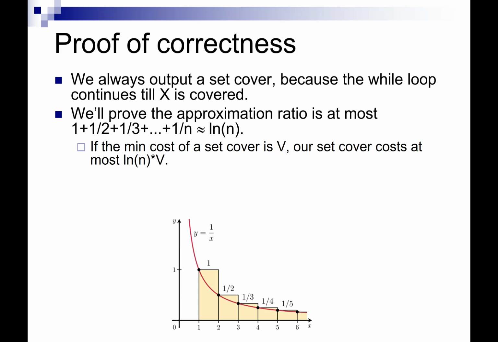This comes about because natural log of n is approximately equal to the sum of the harmonic series, 1 plus a half plus a third plus a quarter, and so on. What we're going to show is that if the minimum cost of a set cover is v, then the set cover that we compute using the previous algorithm is going to be at most natural log of n times v.